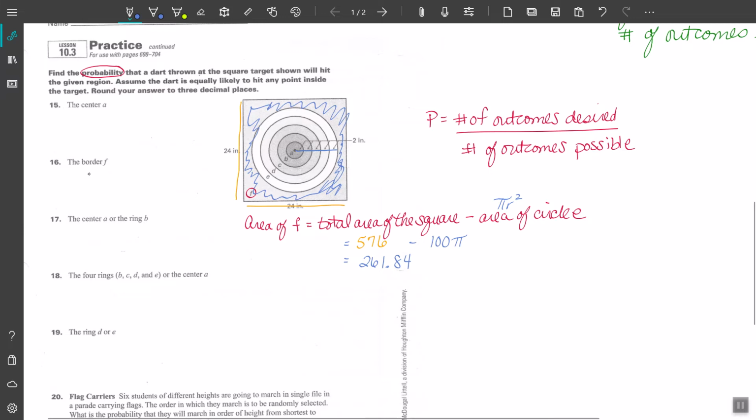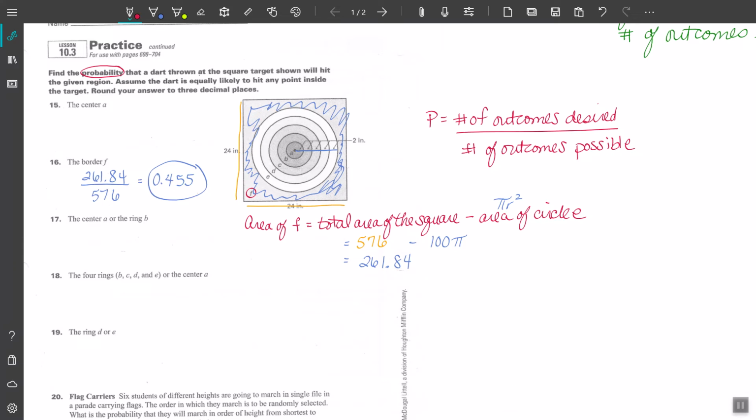So that's going to become our numerator. According to our formula over there, the number of outcomes desired goes in the numerator. The total, so the entire square together, we know is 576. All right, divide those out, and you'll get the probability of hitting the border as 0.455, which is a lot higher than the probability we found in number 15 of hitting the center, which was 0.022.